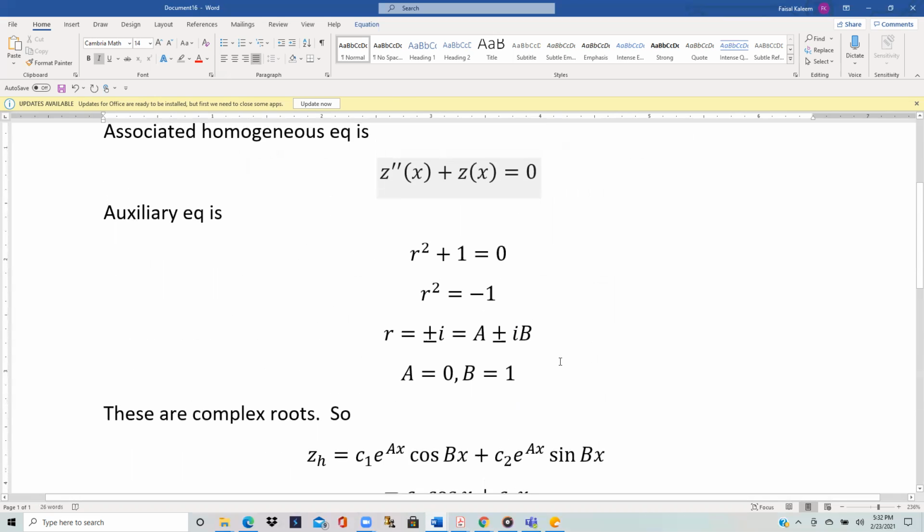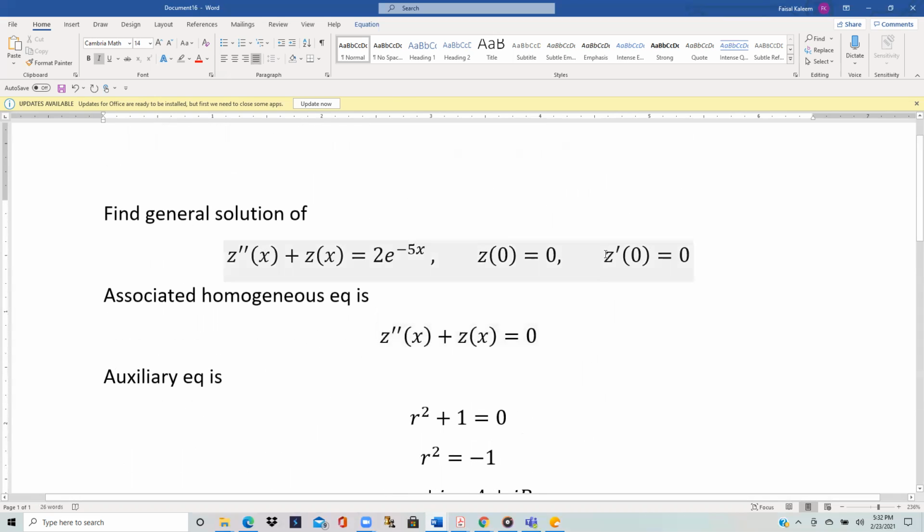The initial conditions are put in at the end, after you have found the general solution.